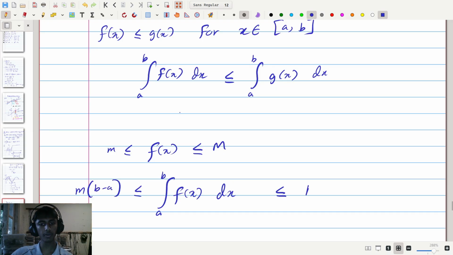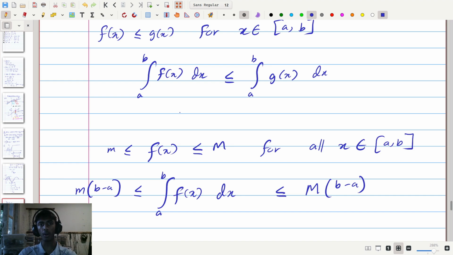It's going to be less than or equal to capital M times b minus a, where capital M here is the maximum value that f of x can have within a certain range, and simple m is the minimum value that f of x can have. And this needs to hold for all x's within the range from a to b. So effectively we can bound the area under a function between a maximum and a minimum using this concept here.